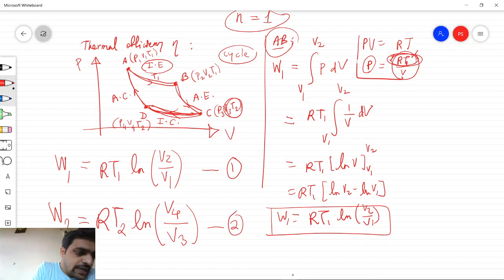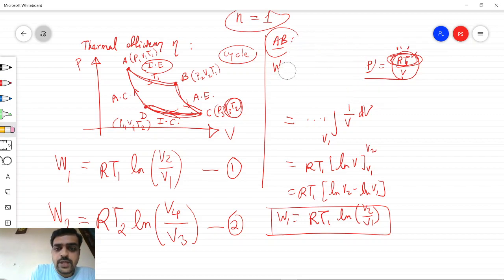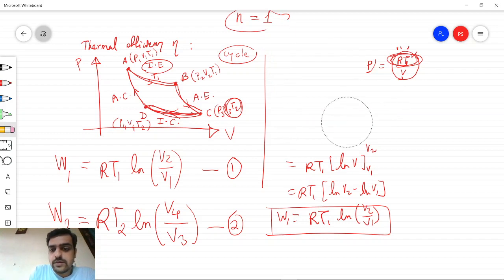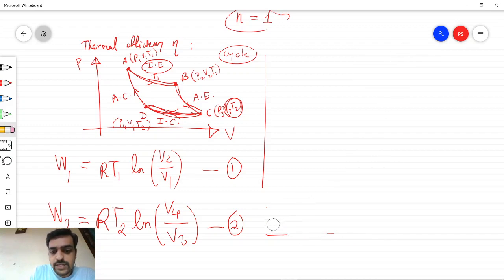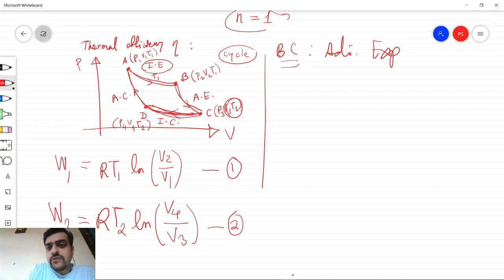Now let us try to find out the expressions for work done for the remaining two processes. Just let me erase this so that we save the space. Now for this particular process BC, which is adiabatic expansion, we know that for an adiabatic process, PV raised to gamma is a constant.